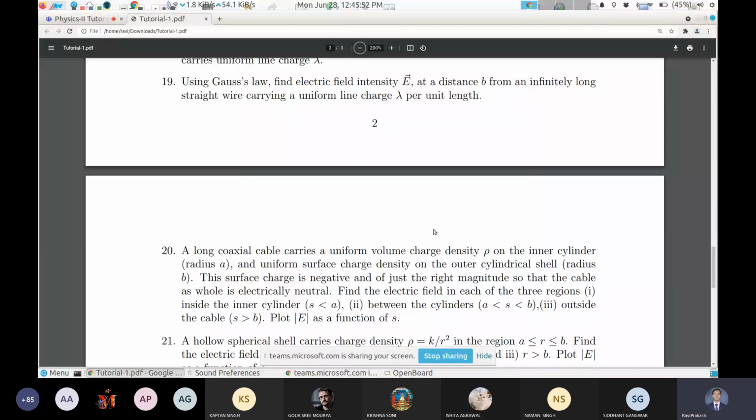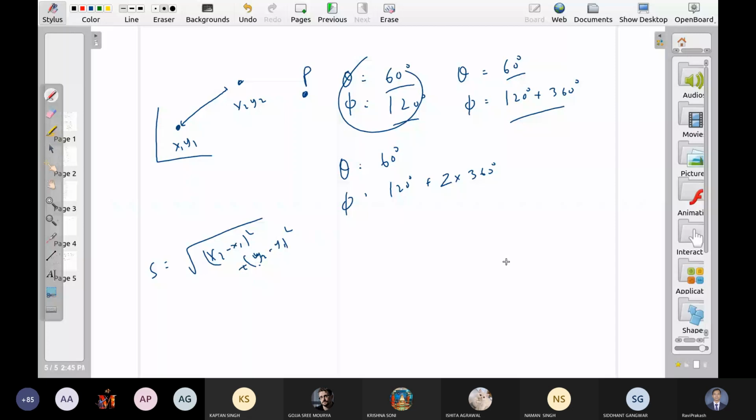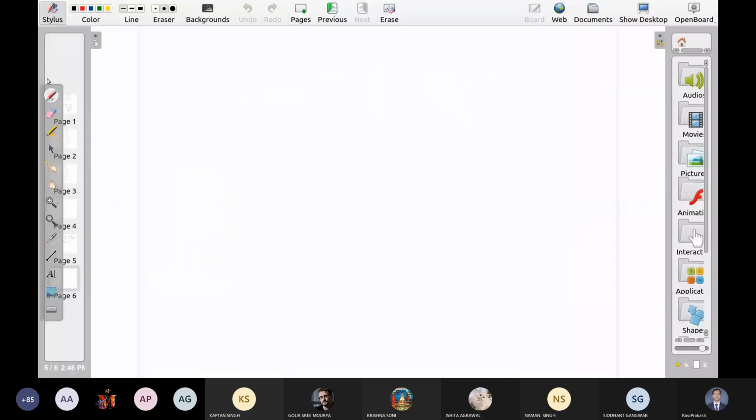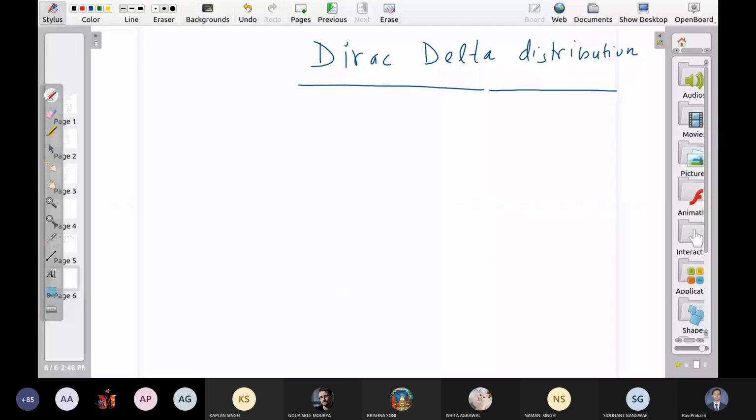Let me give you some idea of the Dirac delta function at this point. What about this function? And let me draw the geometrical form of this function. The function looks like this.